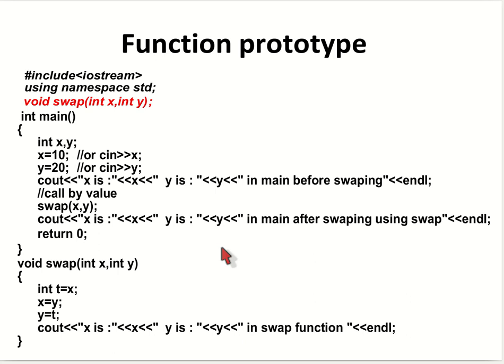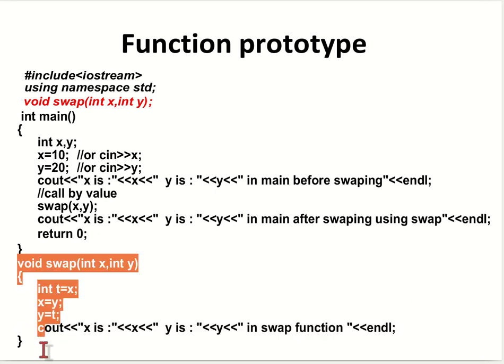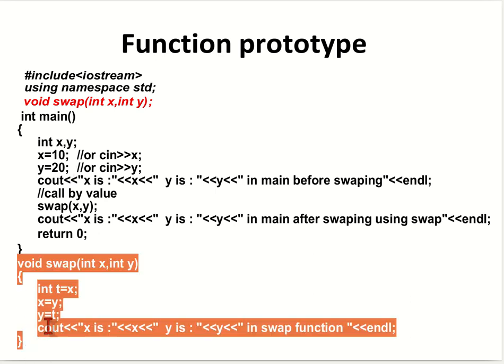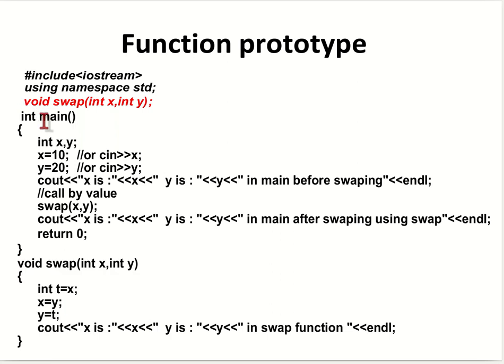Here in this case, where is the swap function definition? It is below the main, and here we are mentioning that we have one function named swap, which accepts two integers and returns nothing. If we are not mentioning this, it will give an error.